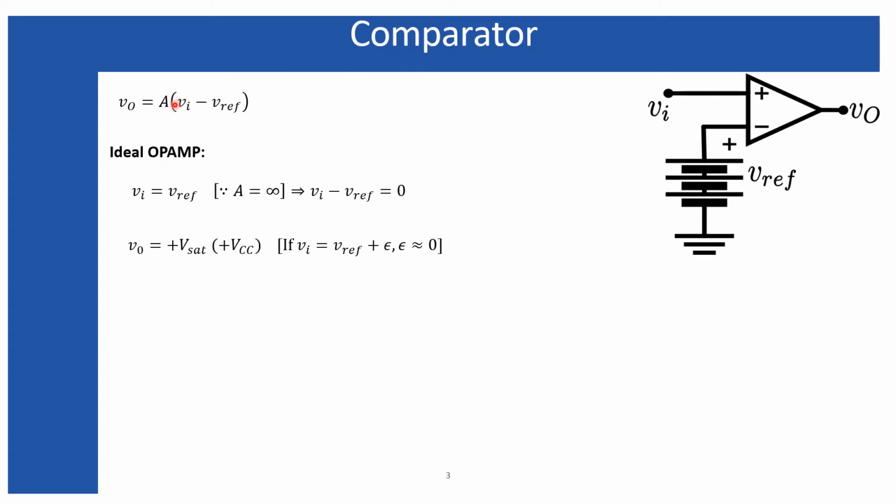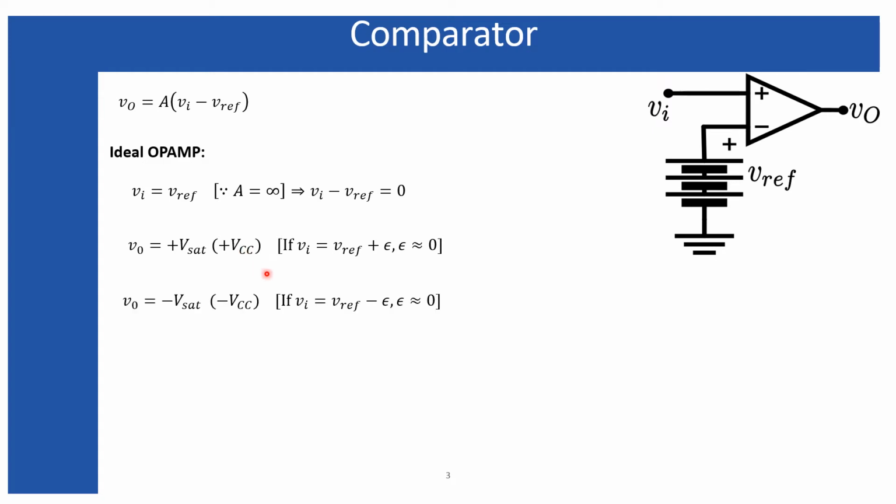Since the Vi voltage is applied to its non-inverting terminal, and Vi is slightly greater than the zero voltage, which is the reference voltage, the infinite gain times the slightly positive voltage will make this output voltage reach plus Vsat. This Vsat represents the saturation voltage, and this saturation voltage is basically the positive power supply, and it will switch to the positive power supply.